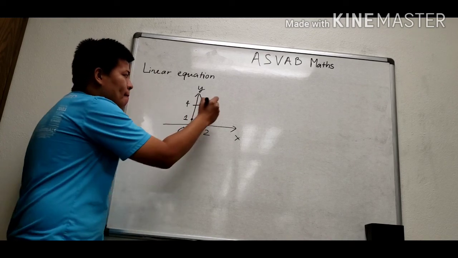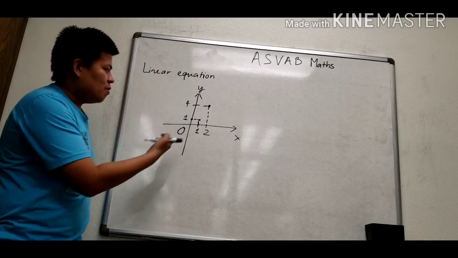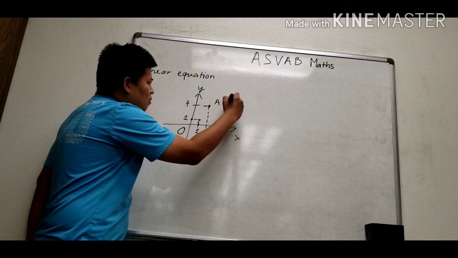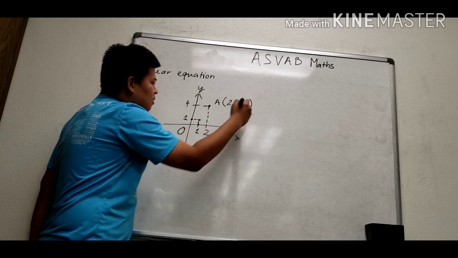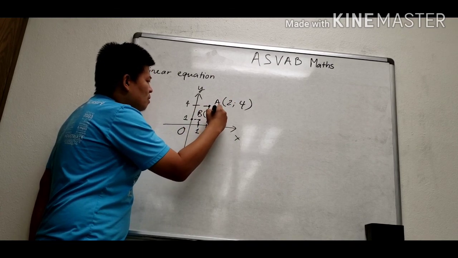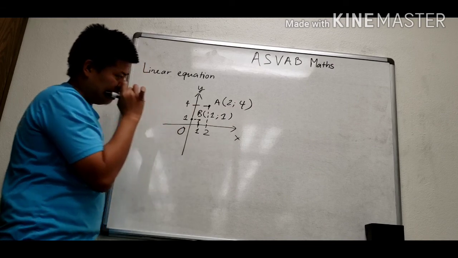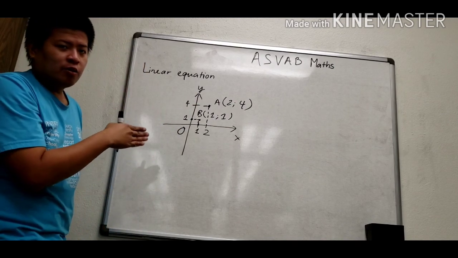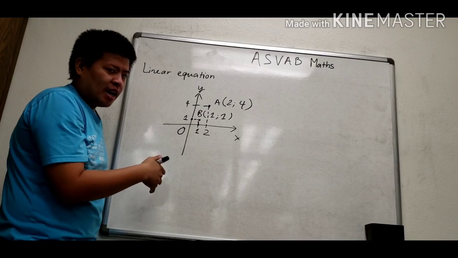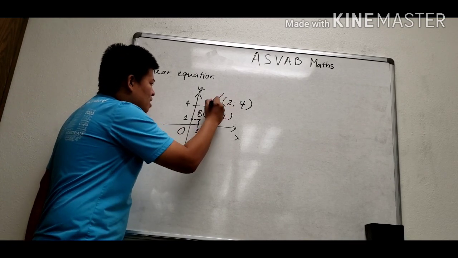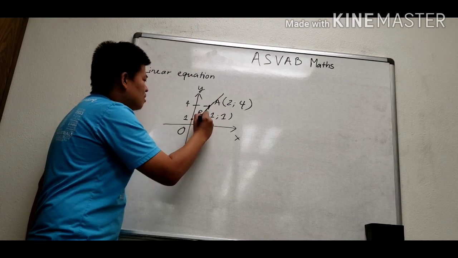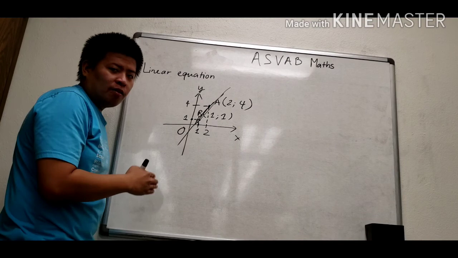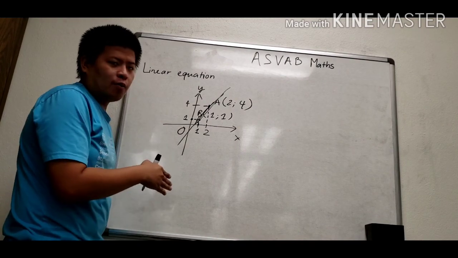For example, we have the system in here, and they provide point A is about 2, 4, and B is about 1, 1. In this formula, we have the 2 points together. The question they ask about find the linear in here.